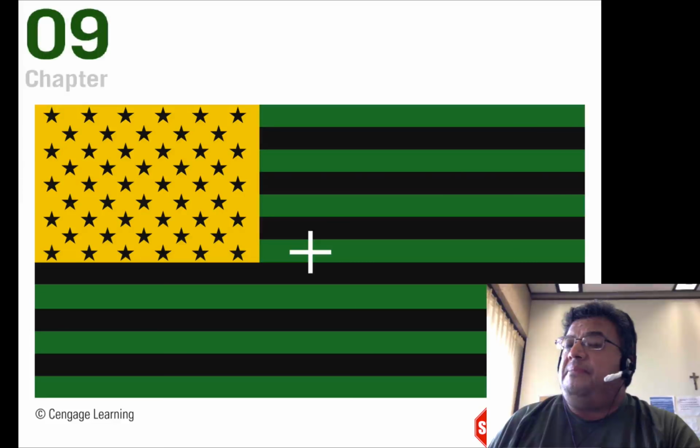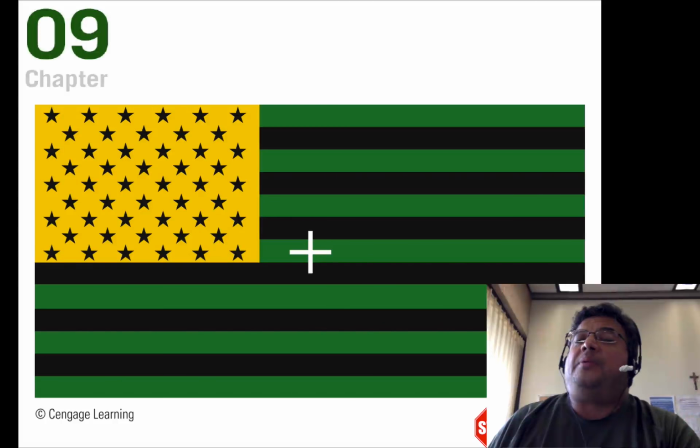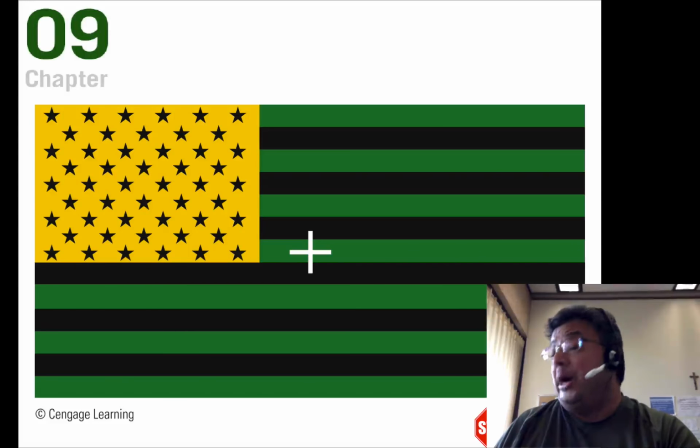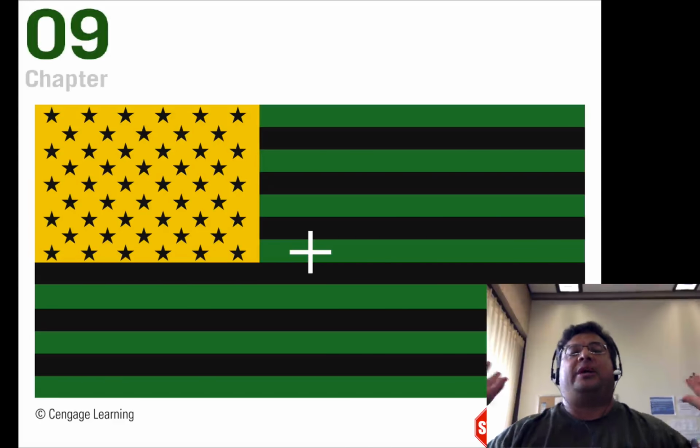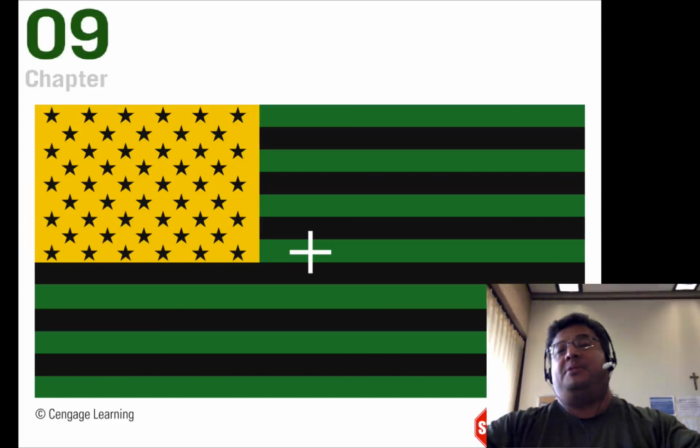The process that mediates the perception of yellow is also attached to blue, and the process that mediates the perception of black is attached to white. So what you're doing by staring at this flag is you're driving those three receptor types to one extreme of the process. As you stare at that cross for a minute, you're burning that into your retina.